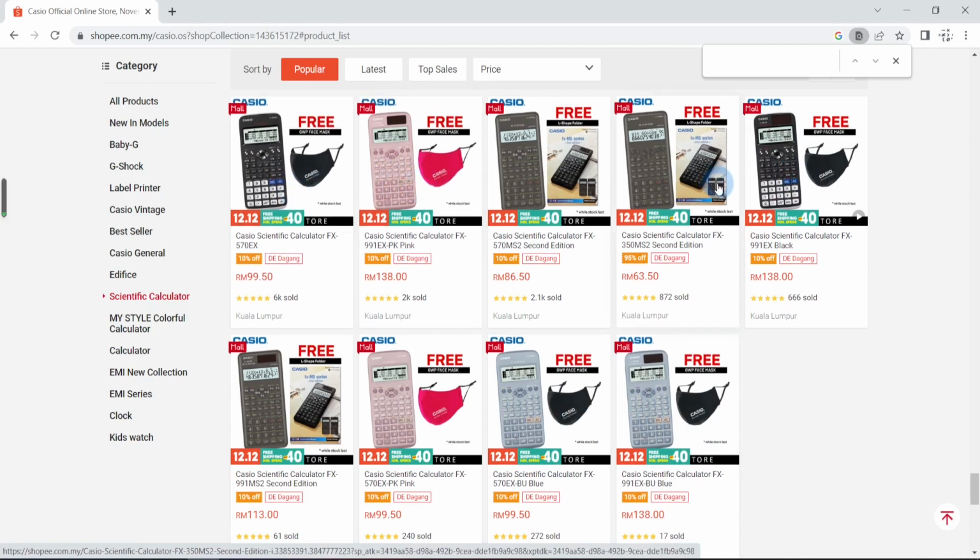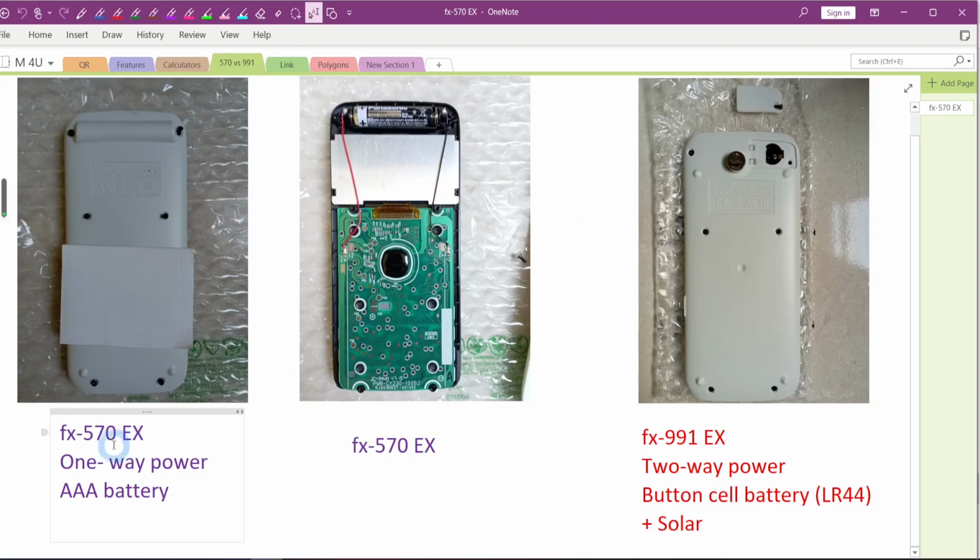The FX570EX is one-way power, so you can only use battery. The battery used is AAA. If you want to replace the battery, you need to take out 6 screws. For the FX991EX, you can use solar energy or battery. If you want to replace the battery, you just need to take out 1 screw. The battery used in this calculator is a button cell battery.